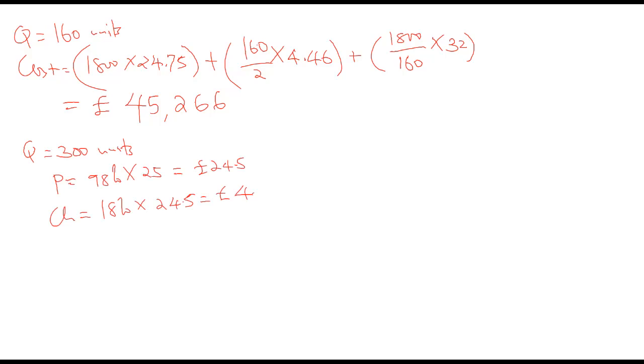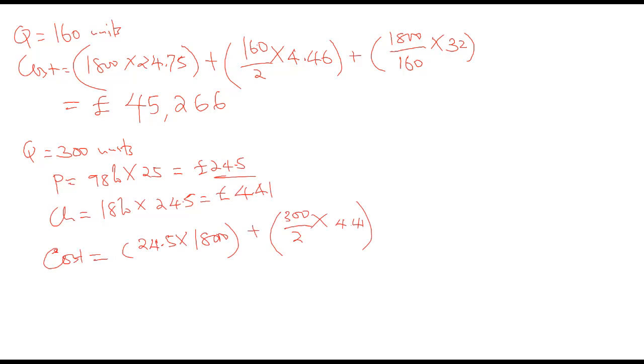And you get 4.41. Therefore, the cost, first the purchase cost, the price you're paying, has decreased to 24.5, but the annual demand is constant, 1800. Holding costs will now be increasing because you're having more inventory on hand. Q now is 300 divided by 2 times the holding cost, which is 4.41.